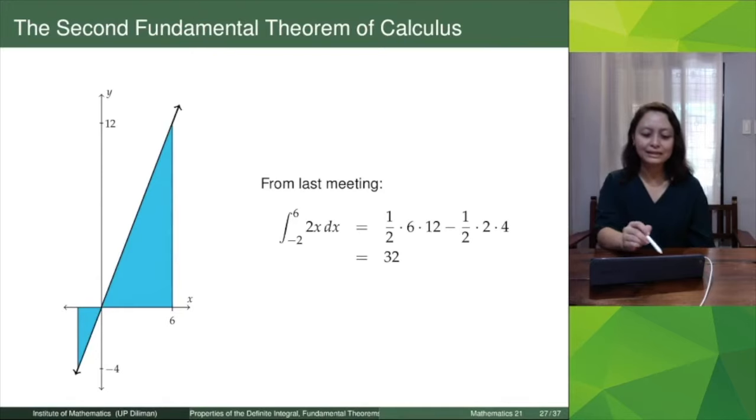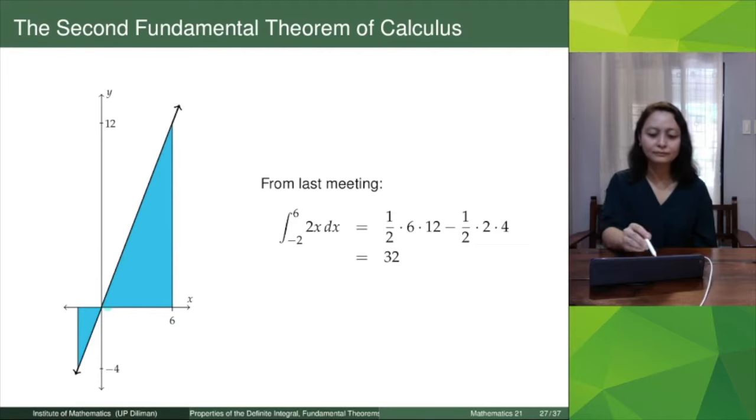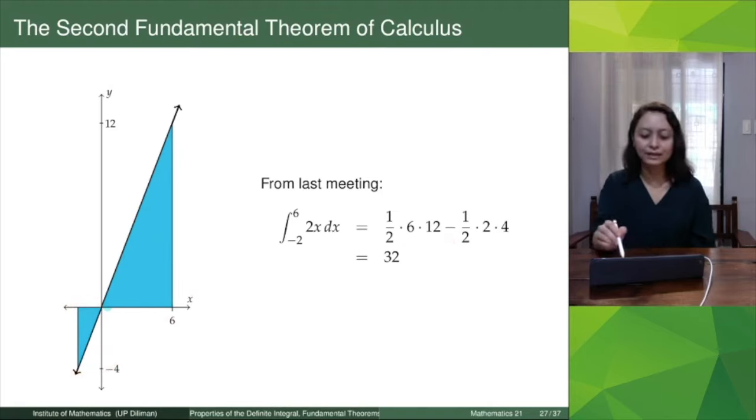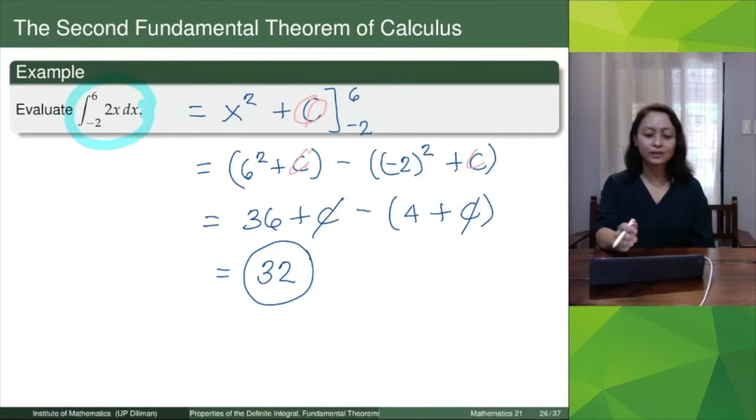Nakita natin, yung area nitong upper triangle ay 1/2 base, so 6 times height, which is 12. And then itong nandito sa lower part is negative, so -1/2 times 2 times 4. And you obtained the value 32. Ganun din yung nakuha natin when we apply the second fundamental theorem of calculus.